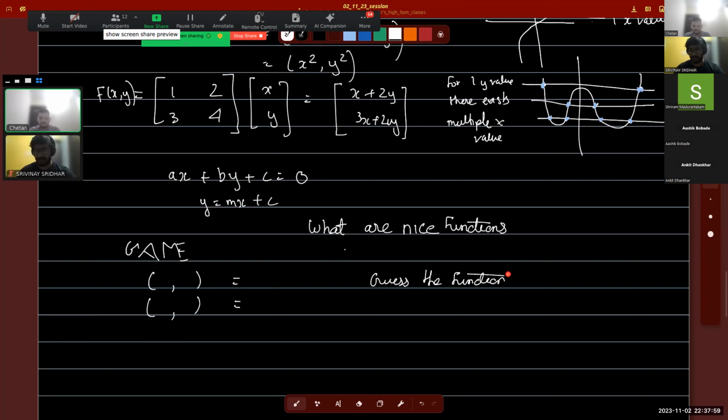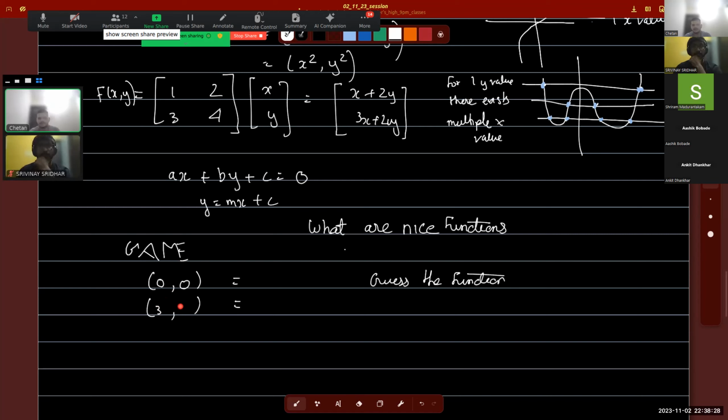Just be careful what inputs you give him, because the moment you ask him more than two inputs, he will answer that as well, but he'll change the function. So for one particular function, he will only give you two outputs.